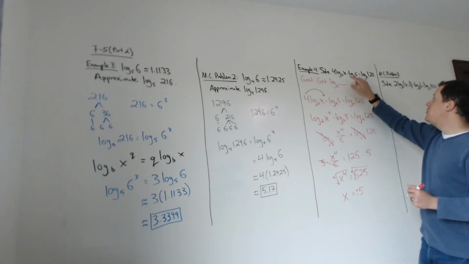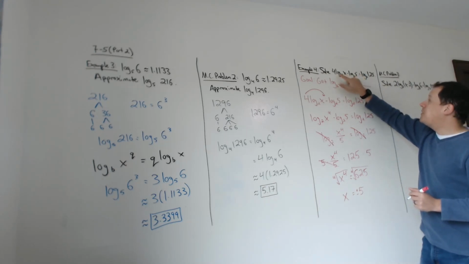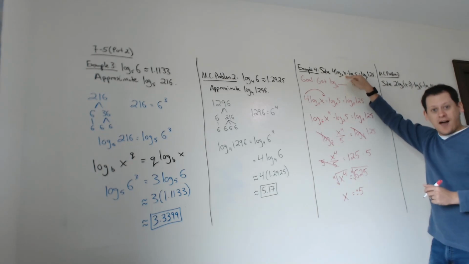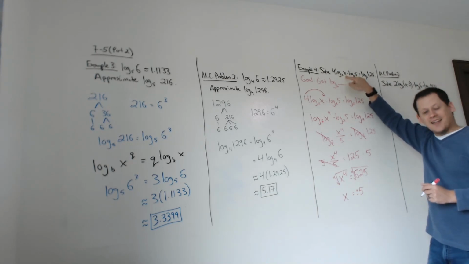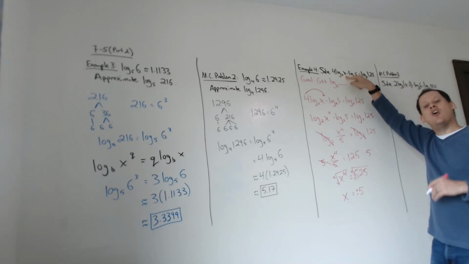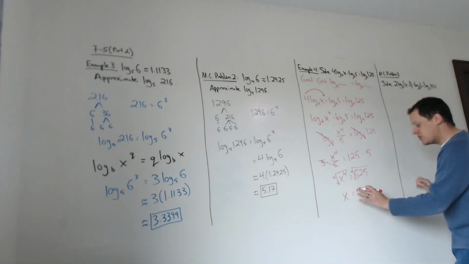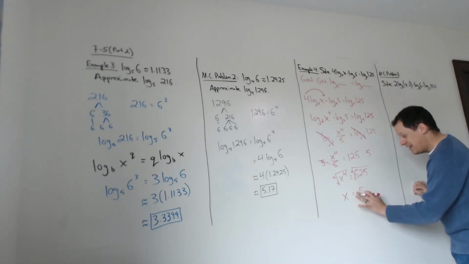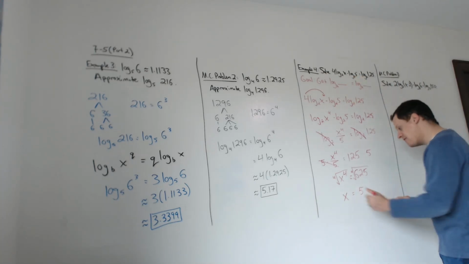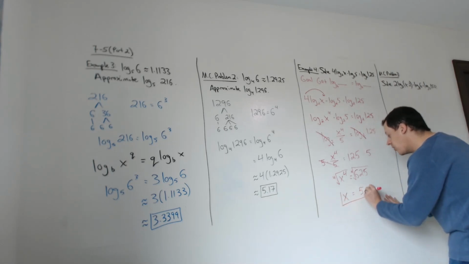But if we do that, that would mean we're taking the log of negative 5. That doesn't exist. Can't take the log of a negative number. So it turns out it is just positive 5. So x equals 5 is your only solution here.